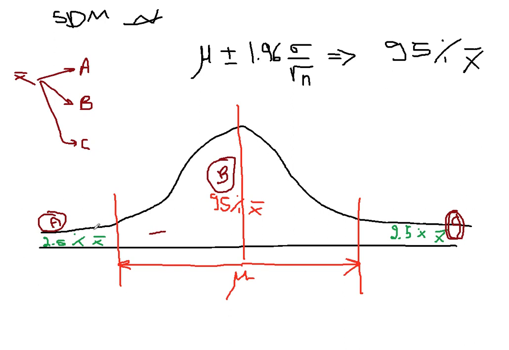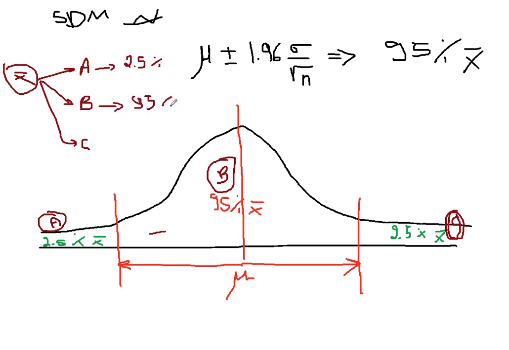Well, I think it's pretty obvious, right? If A represents 2.5% of all the X bars, then the probability that X bar is going to fall in A is 2.5%. And if B represents 95% of all the X bars, then the probability that a randomly picked X bar is part of B is 95%.